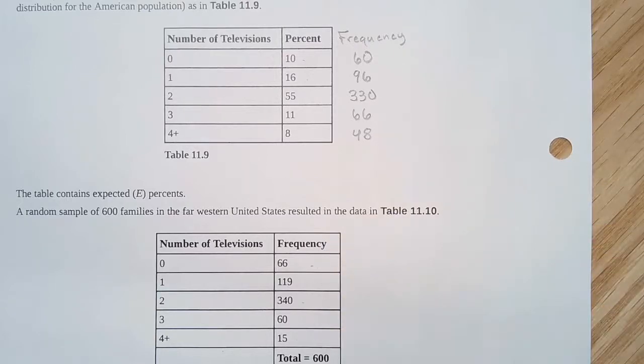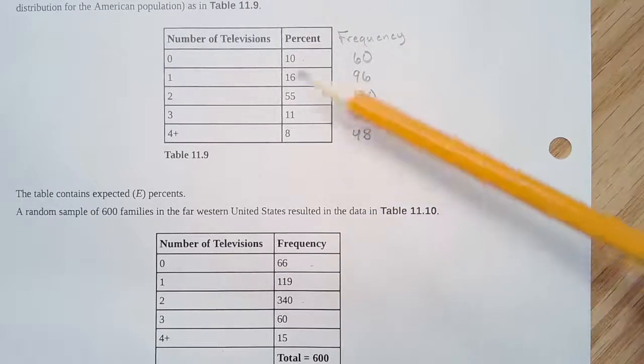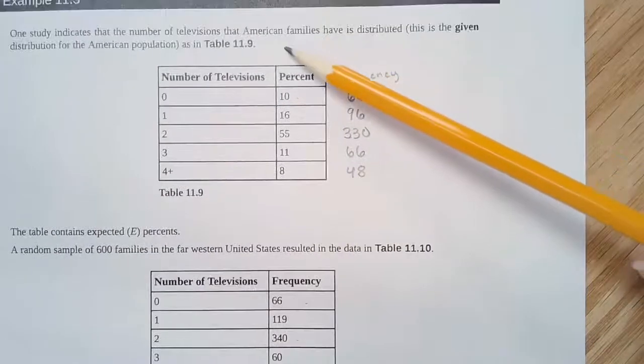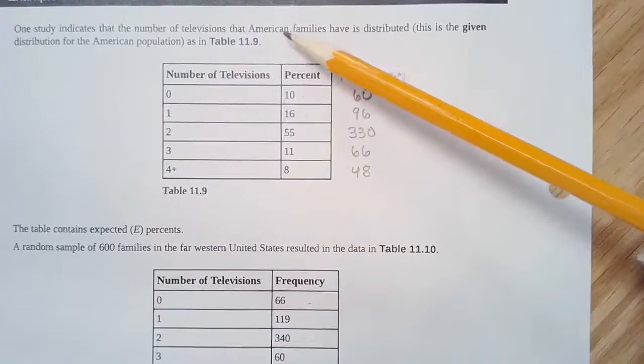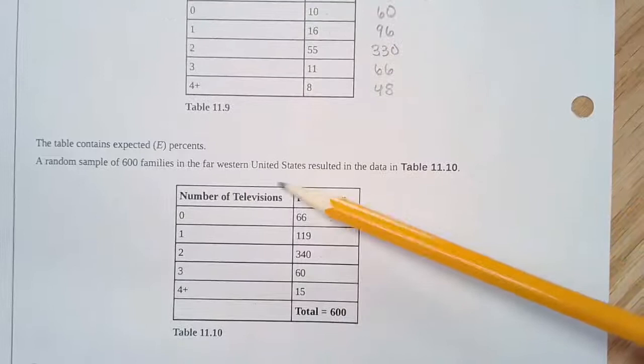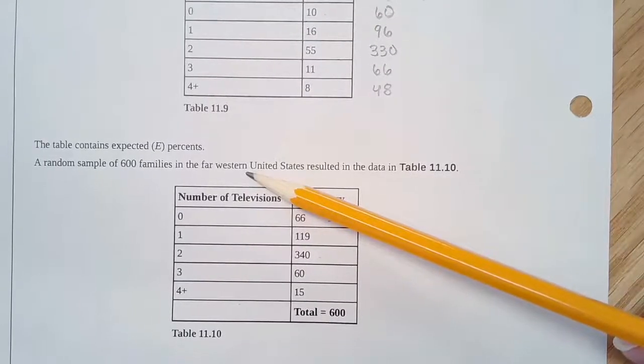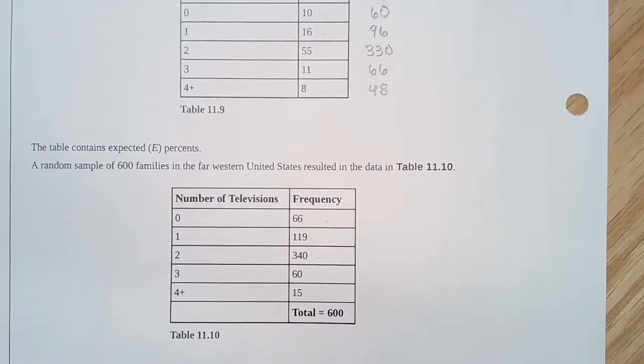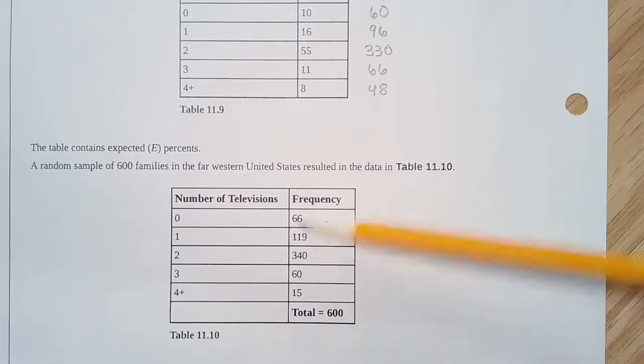Alright, so this one is for the entire United States, and this one is for just the far western United States. So we're going to do a test to see if these are the same, or if the data is a good fit.